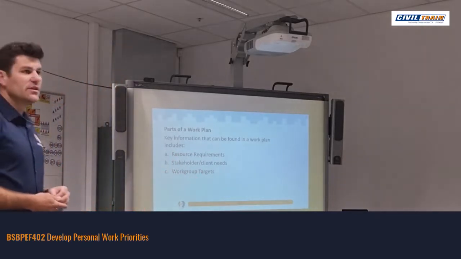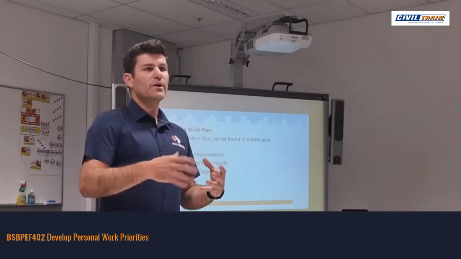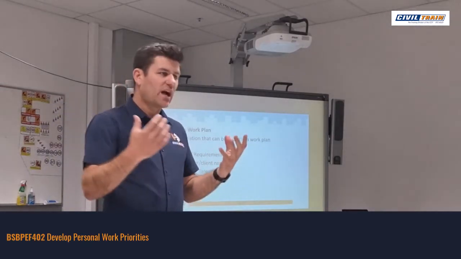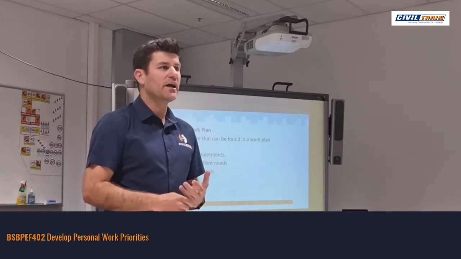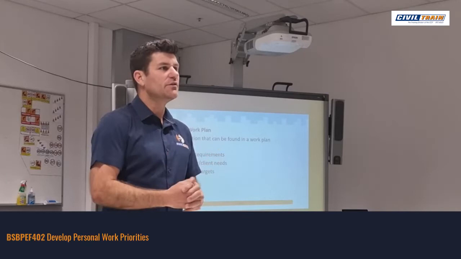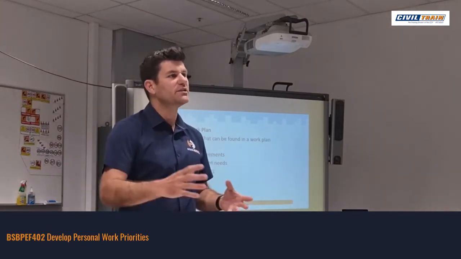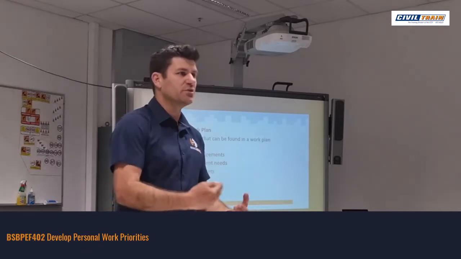Work group targets, obviously in a work plan we want to identify, what are we trying to achieve for that? So what is the actual objective? And more often than not, with a team, you probably do it already, as I said. You've got like your own KPIs, where it might be cubic meters or linear meters. You actually have an expected output that you achieve for the day.